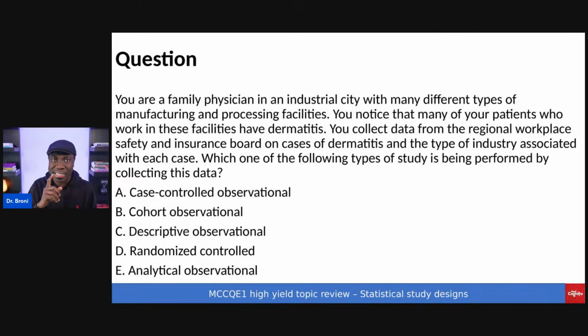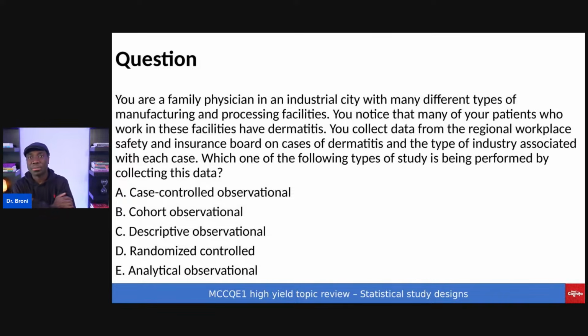The question says this: you are a family physician in an industrial city with many different types of manufacturing and processing facilities. So just imagine, as a doctor, you practice in a city which has so much manufacturing going on.